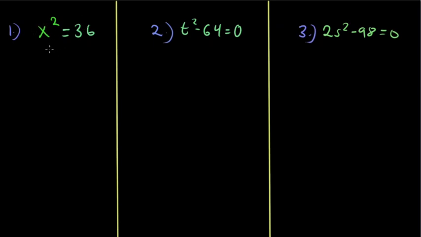So kailangan mag-isa lang siya, wala siyang ibang kasama. Walang kasamang exponent, walang kasamang numerical coefficient, walang kasamang denominator, and all that. In this example's case, ang kasama niya lang, yung problema lang natin is yung exponent na 2. So ano daw? Yung number, na kapag in-square ko, ang sagot ay 36.